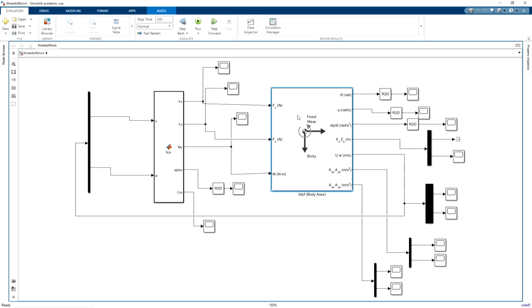If you notice carefully, we need 3 inputs, that is forces in x direction, forces in z direction, and then the moments, that is newton meters. And the outputs are theta, q, acceleration dq by dt, xe, ze, u, w, that is small u and small w, acceleration in body axis, axb, azb, similarly axc with respect to the inertial reference frame.